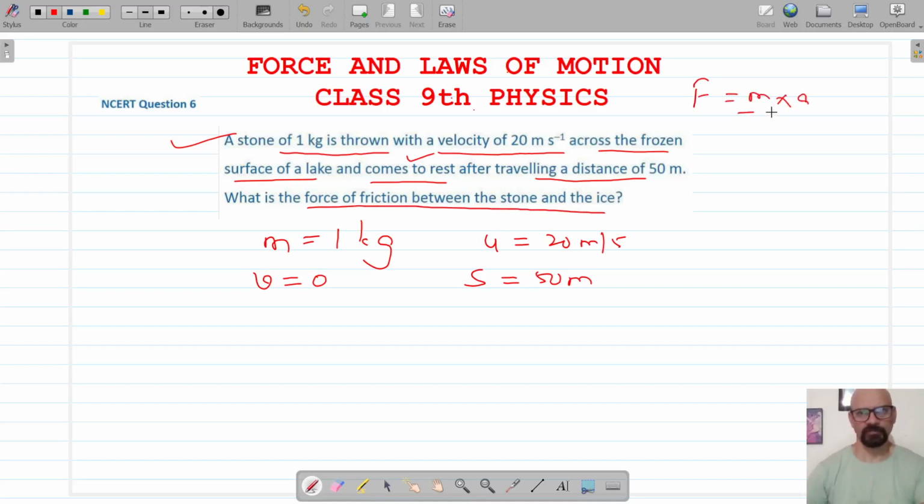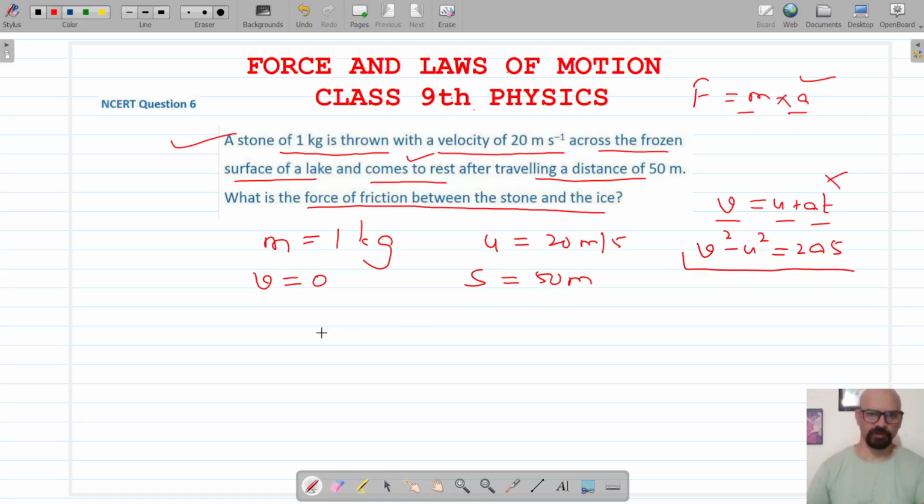Whatever the force is, it's mass into acceleration. That means we have to find the acceleration. And for that, we are going to use one of the three equations of motion. The first one is v is equal to u plus at. The time is not given, so we are not going to consider this. Let's consider the second one or the third one. V square minus u square is equal to 2as. This will work for us because v is known, u is known, and distance is also known.